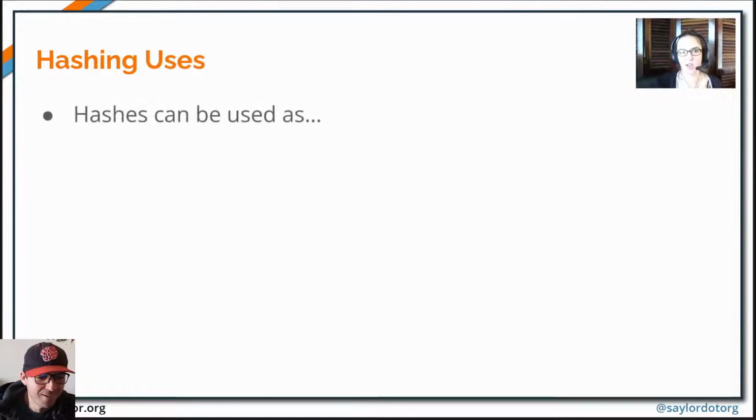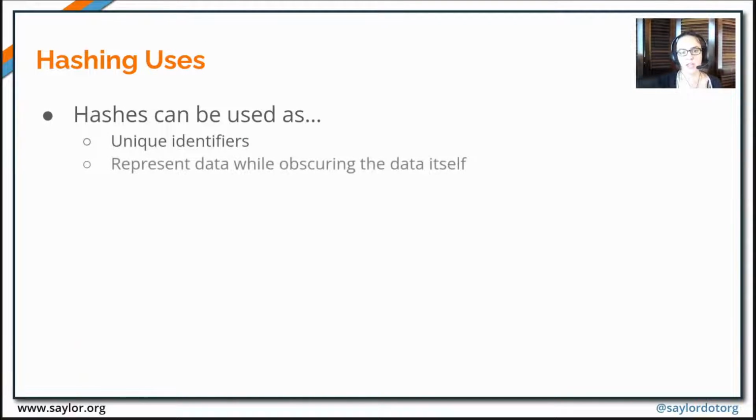Okay. So hashing uses. Hashing can be used as unique identifiers for data. They can be used to represent data while obscuring the data itself. So maybe you want to reference some data that some party has, but don't want to publicly post that specific data. You could post a hash of it.